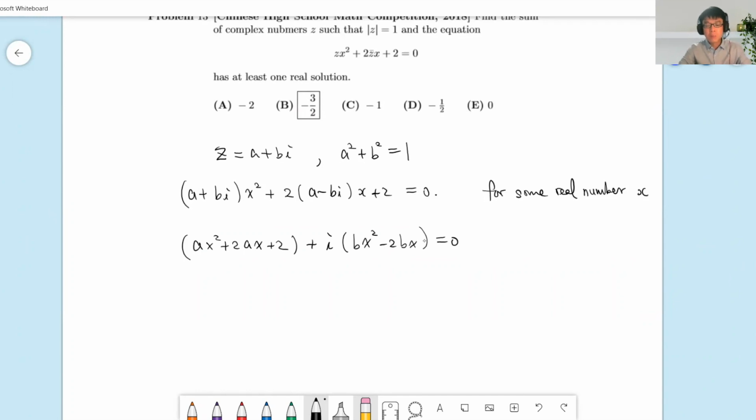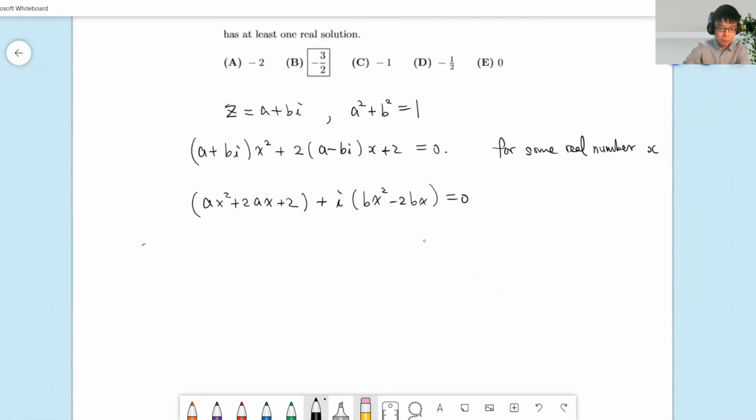Now we should have both parts equal 0. And for b x squared minus 2bx, let me factor b, x squared minus 2x equals 0. Let's call the first equation, and the second equation here.